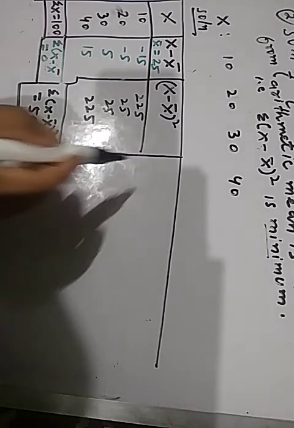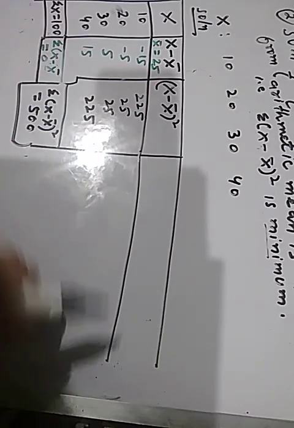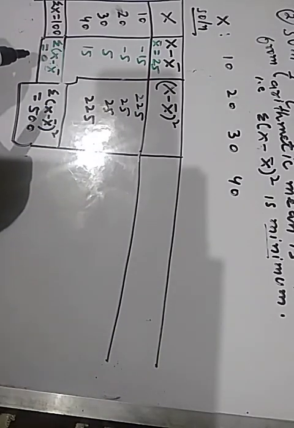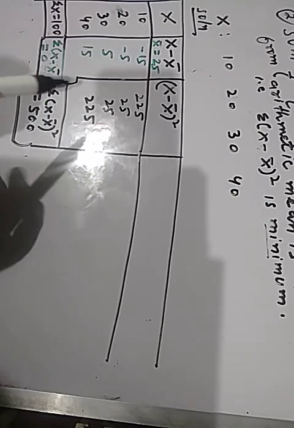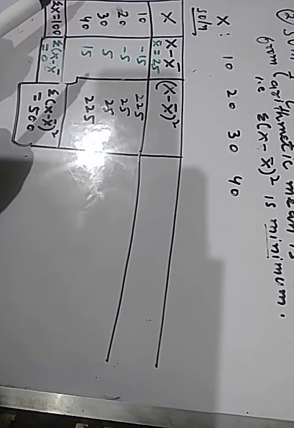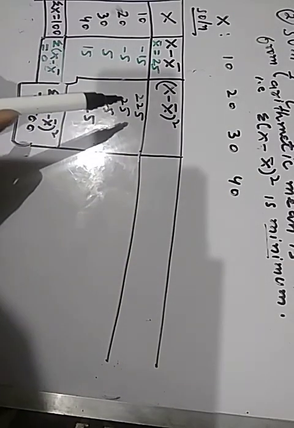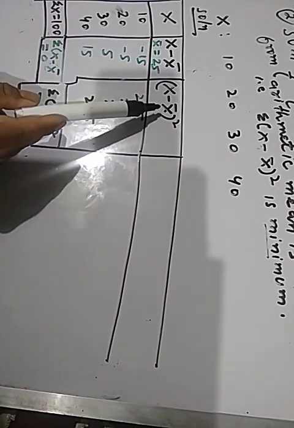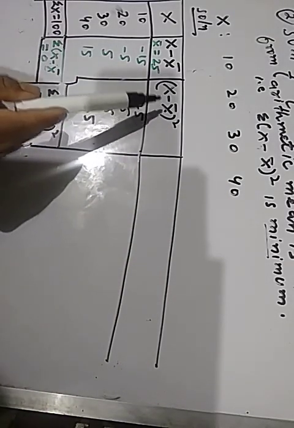Now we will prove that if sum of square deviations is taken from other values such as assumed mean, it will always be greater than sum of square deviations taken from arithmetic mean.